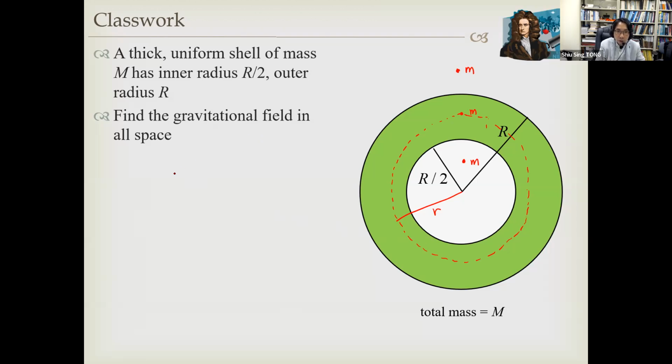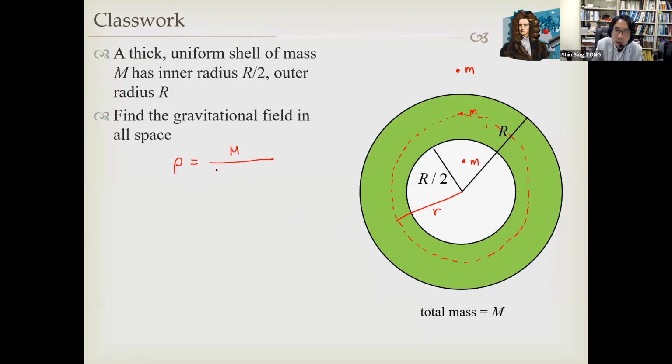The density of the object is the mass divided by the volume of the object. But what I mean by volume is the volume actually occupied by the matter, right? So it's the difference between the volumes of the two spheres.